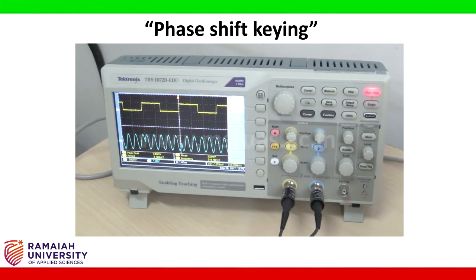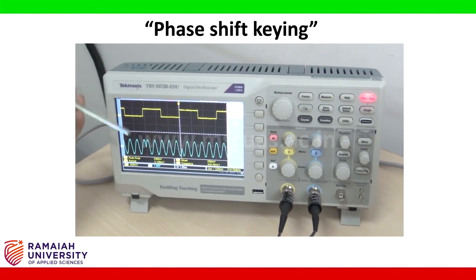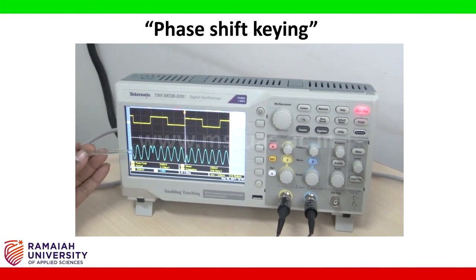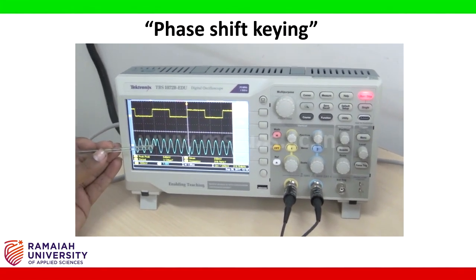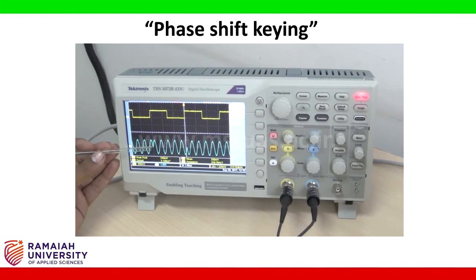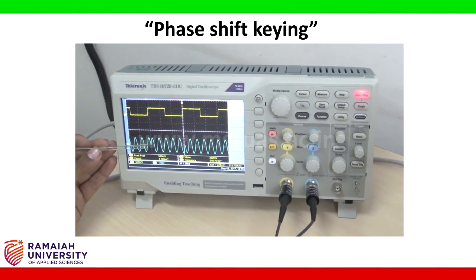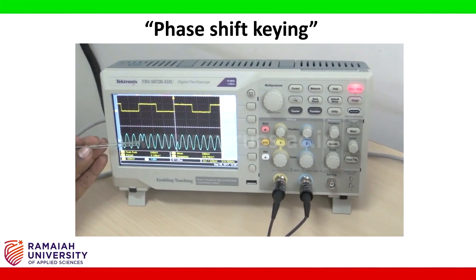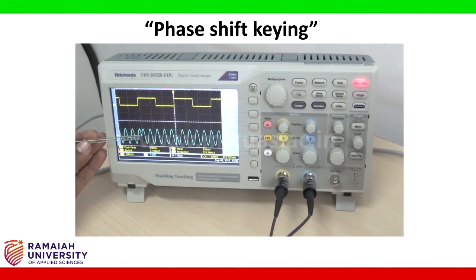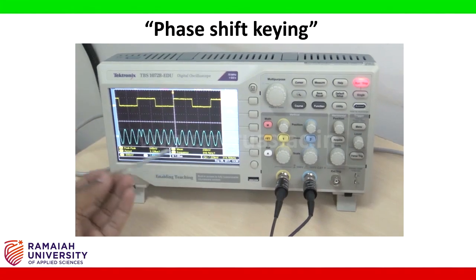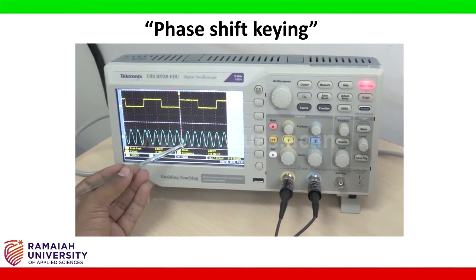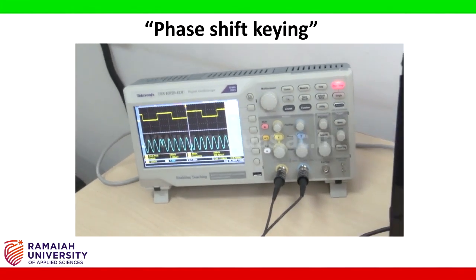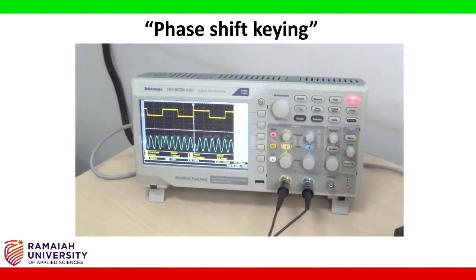Now you can observe the phase shift keying modulated output. The sine wave shifts its phase from one level to the other, so we see an abrupt change in the phase of the sine wave, here and here. Again, this is the output of the phase shift keying modulation scheme.